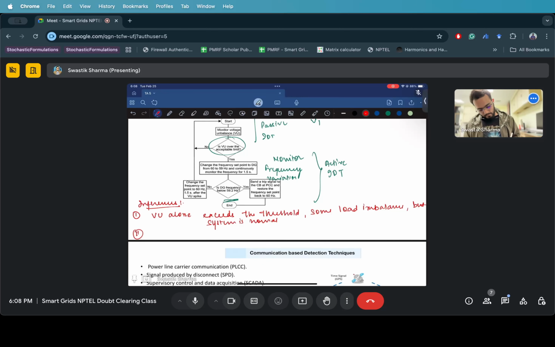The second inference will be both. If both are changing, what is happening? We are in islanded mode. So these are in some way how hybrid islanding detection techniques work.